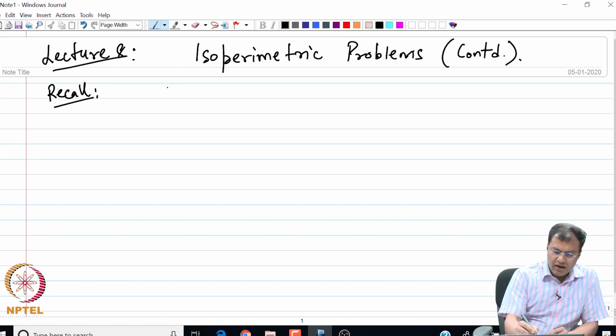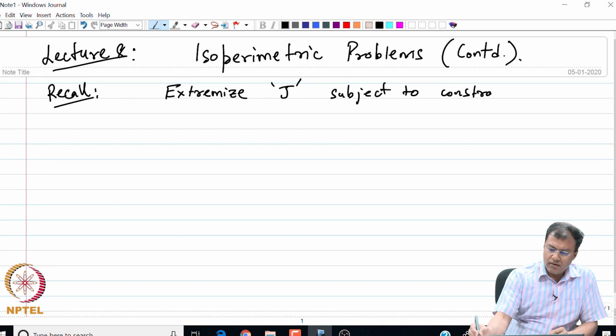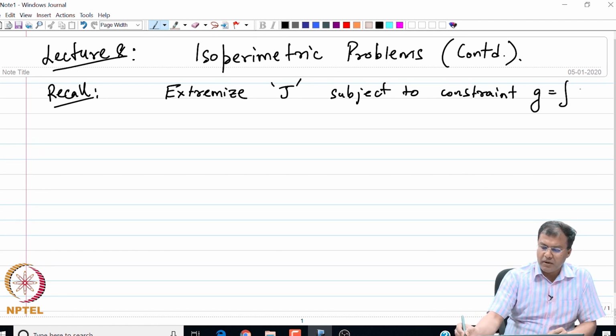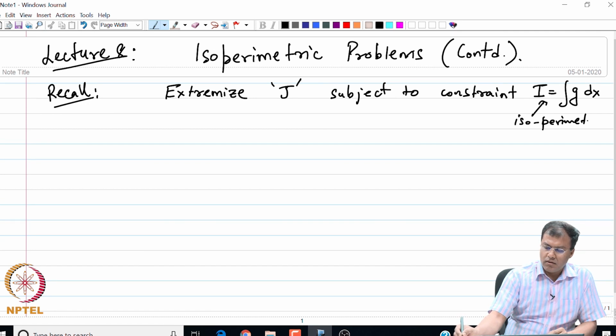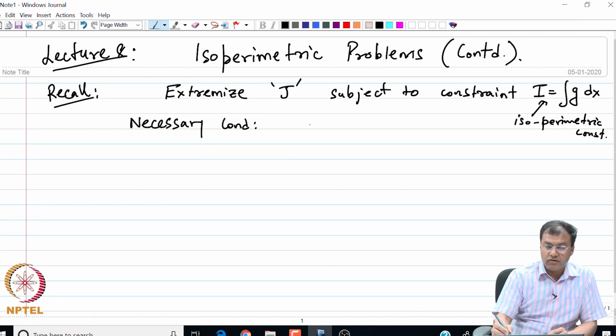What we derived was, if we have to extremize a functional J subject to the constraint I, which is an isoperimetric constraint, then the necessary condition for the extremal was the satisfaction of the following ODE.